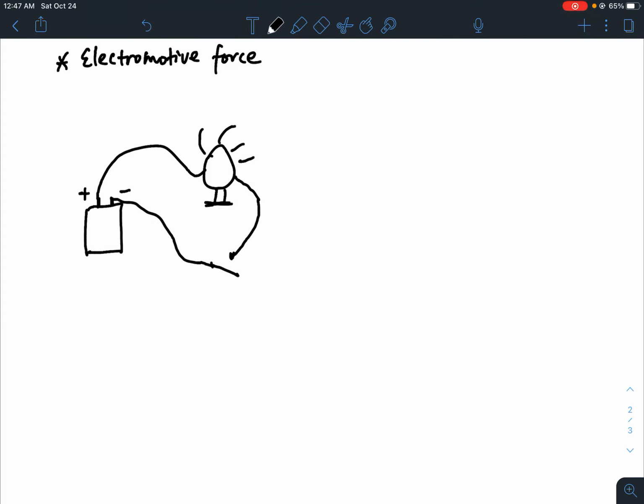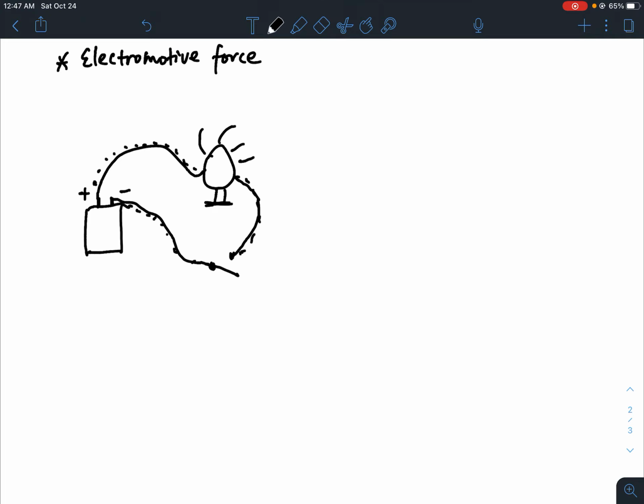Of course, if the switch is on, then the current will almost immediately flow through the whole circuit. You can think about it this way: I have electrons, of course, on the wire.